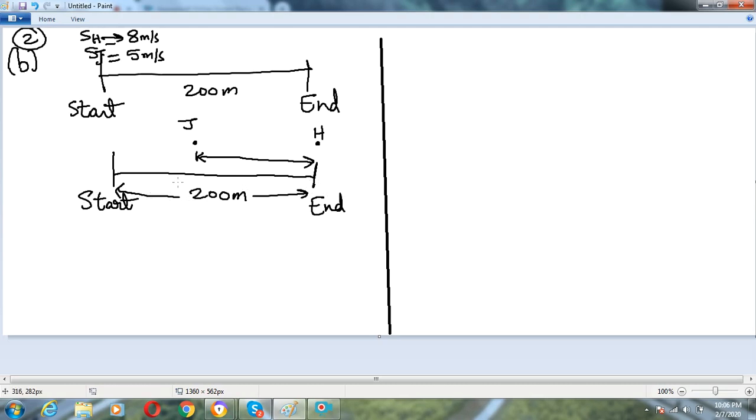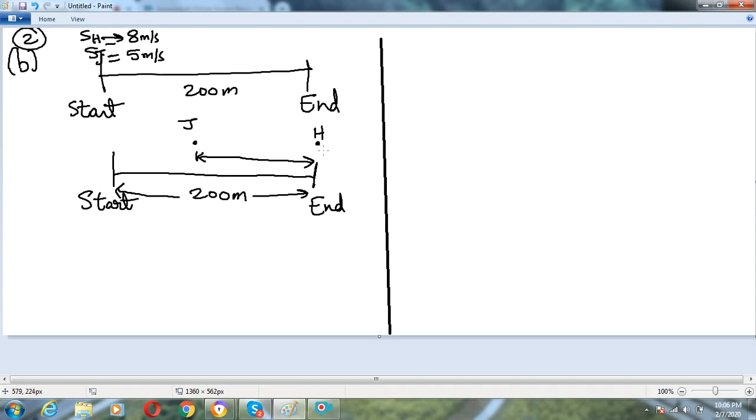So there are many ways. See, we know distance, speed, and time. Distance is constant; you cannot change. So how you can do is, first you can find at what time Harry reached here.